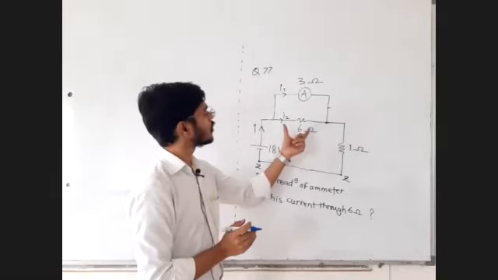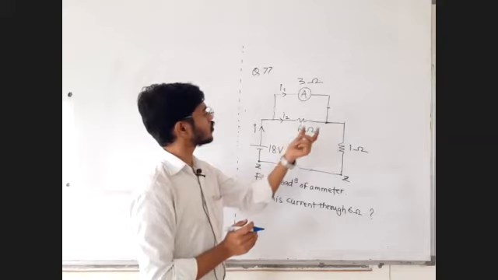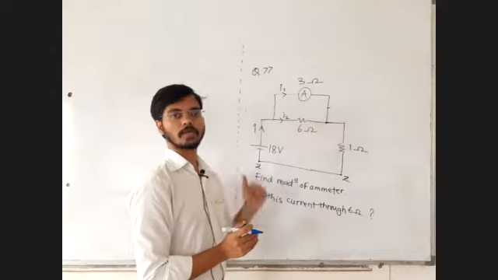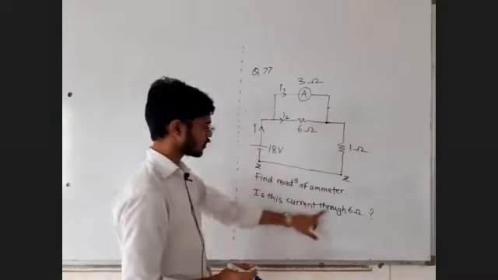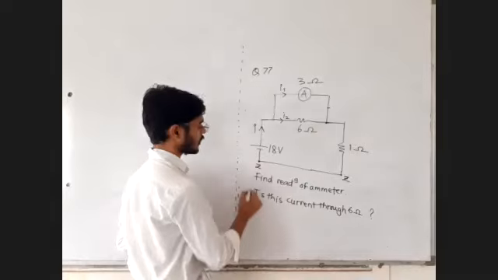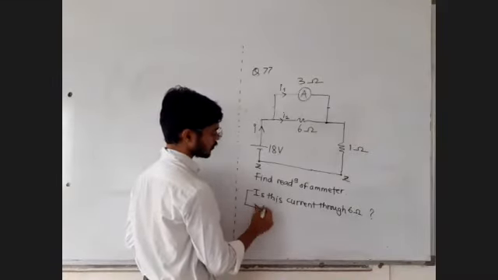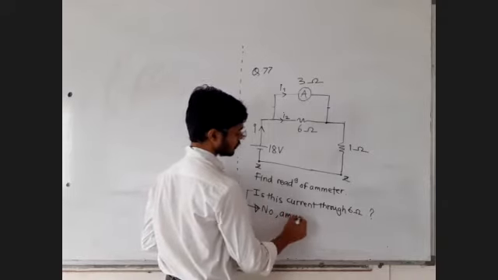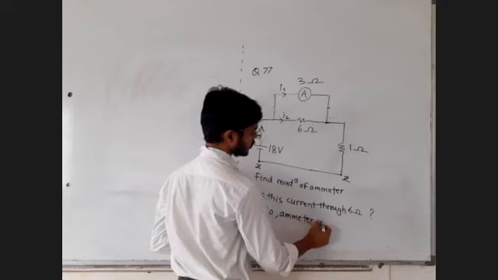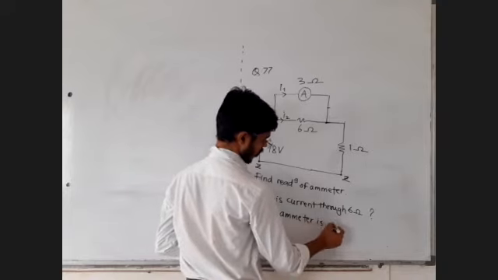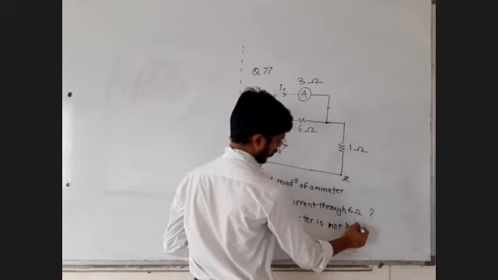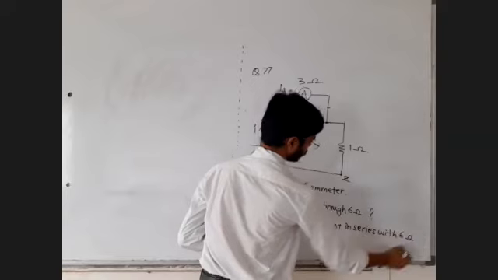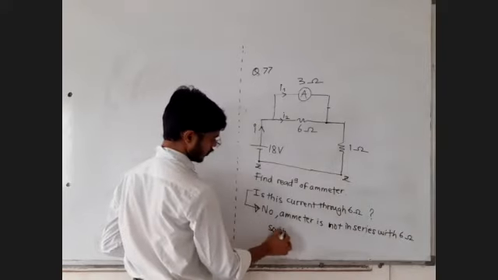Okay, so is this current through the 6 ohm? The answer is certainly no. The ammeter is connected parallel to the 6 ohm, not in series with it. So it will not measure the current in the 6 ohm.